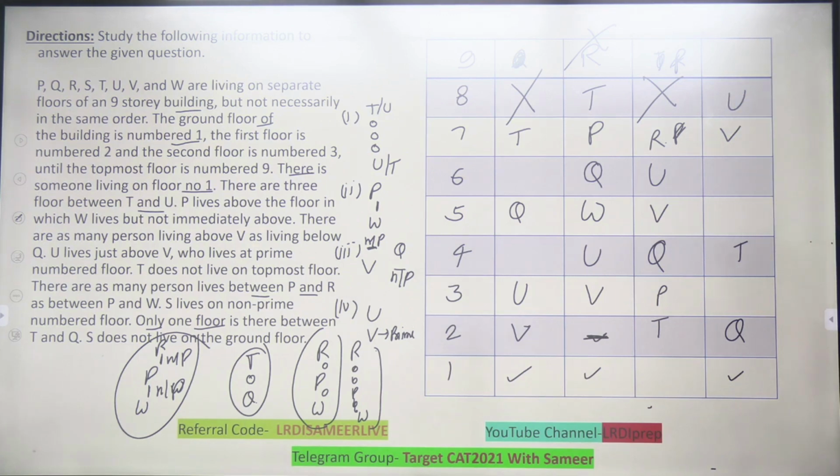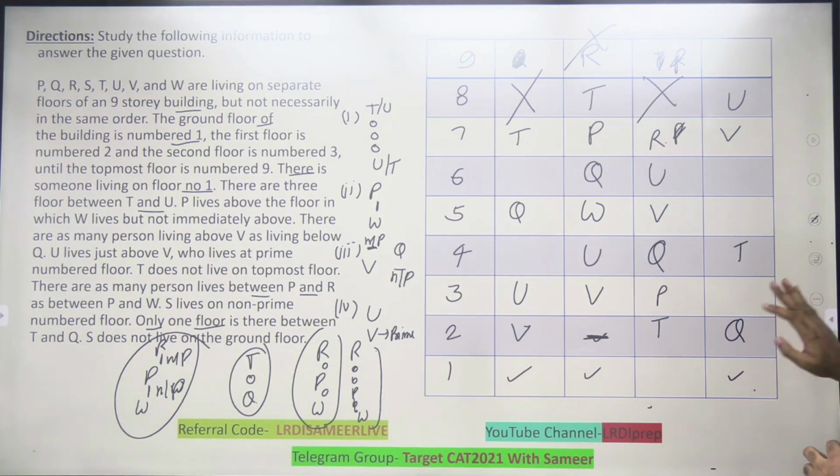To satisfy this condition that the number of people below V and the number of people above Q should be the same, I know that one person is definitely living over here. If one person is this, right, and V is the second person, then below V I have 6, right? Okay.